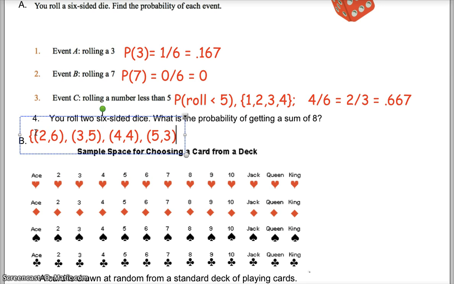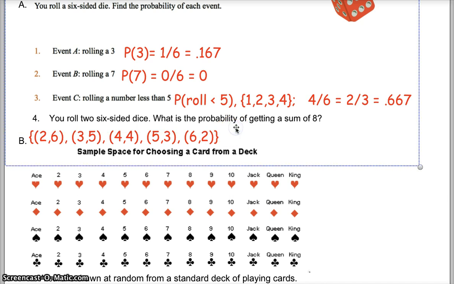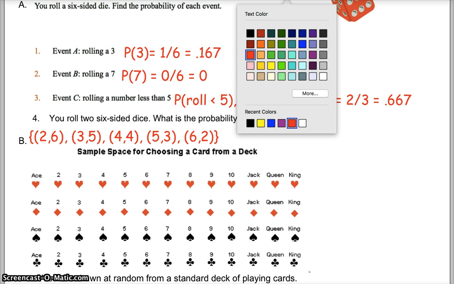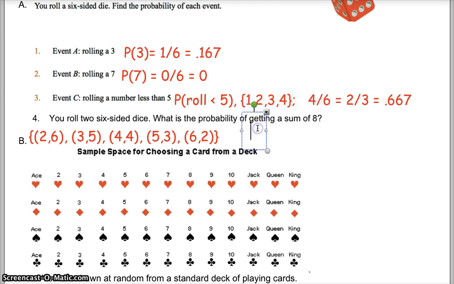And finally, if we roll a 6 on one die, we would need to roll a 2 on the other. So we have a total of 1, 2, 3, 4, 5 options for rolling 2 dice whose sum is 8. So as it stands right now, the total number of successes would be 5.